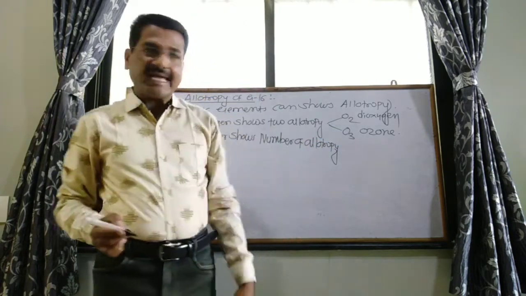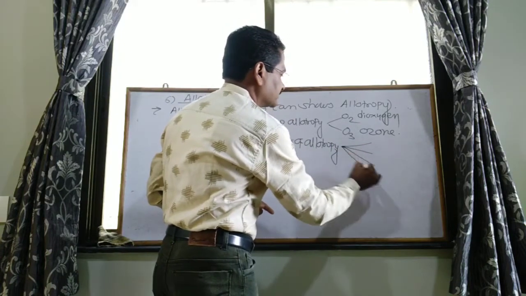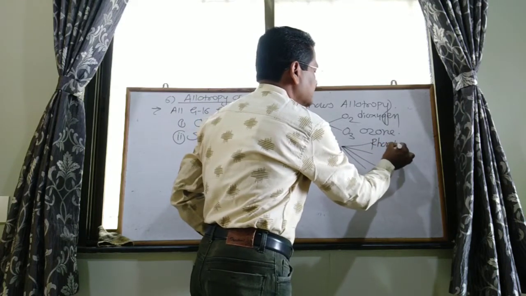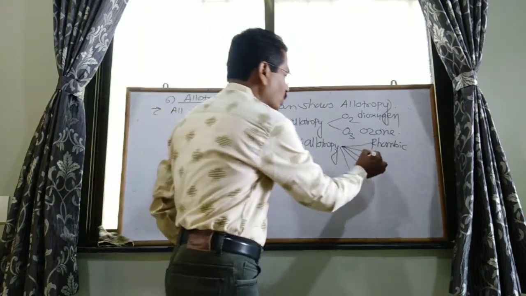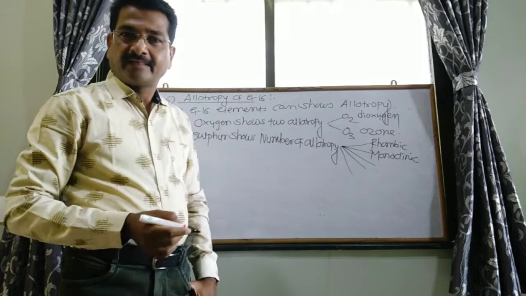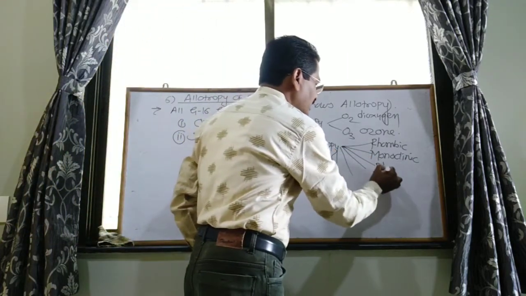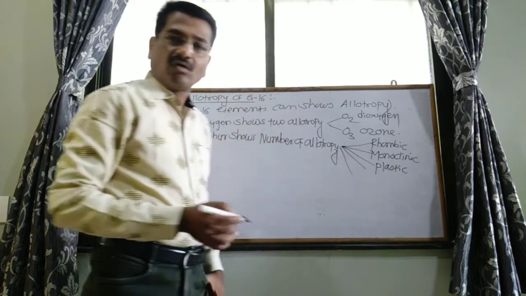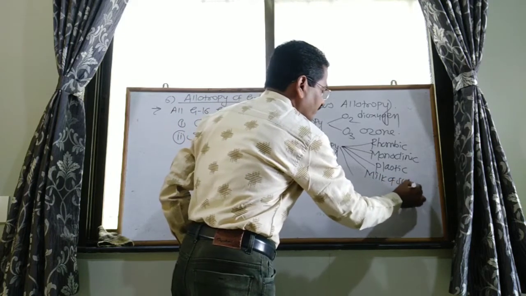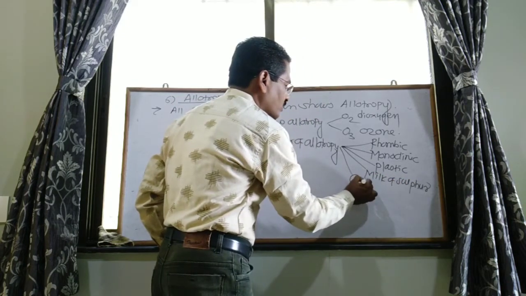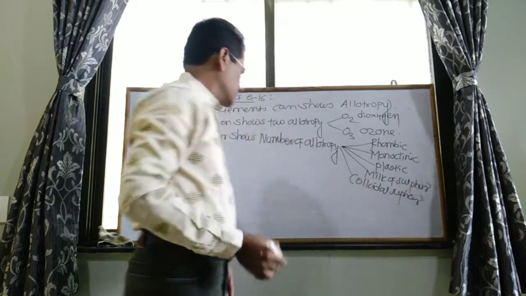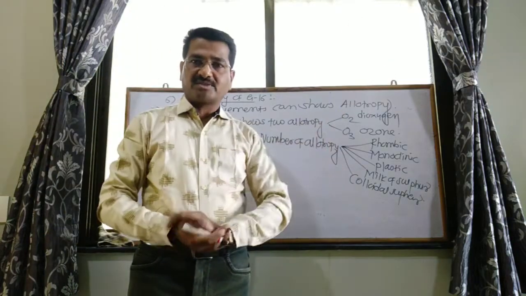Sulfur can show a number of allotropies, such as first, rhombic sulfur; second, monoclinic sulfur; third, plastic sulfur; fourth, milk of sulfur, which is colloidal sulfur. So sulfur can show a number of allotropic forms.